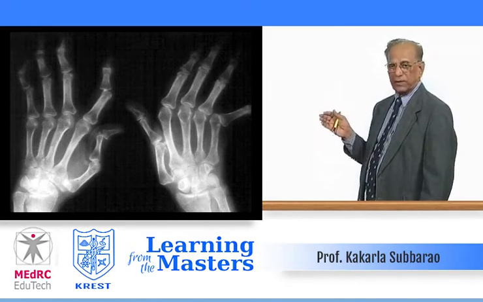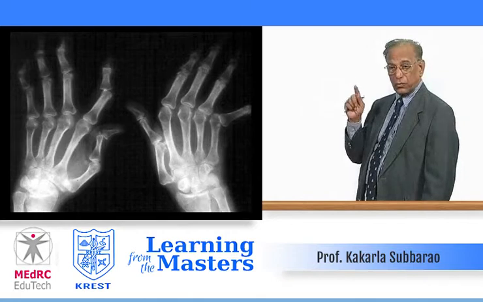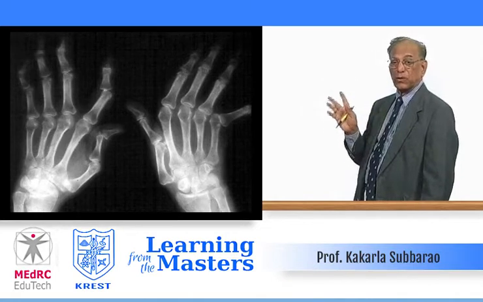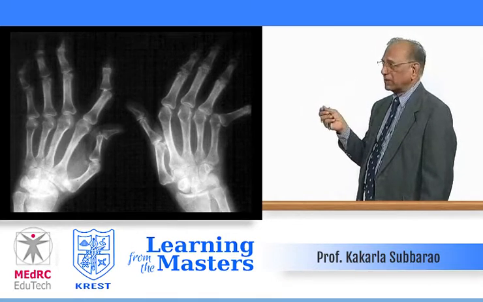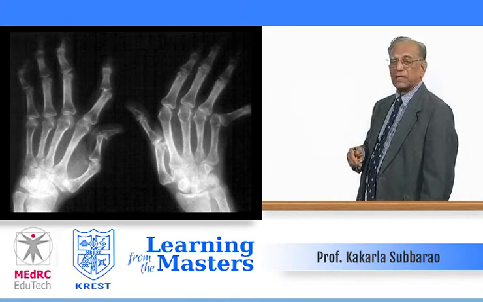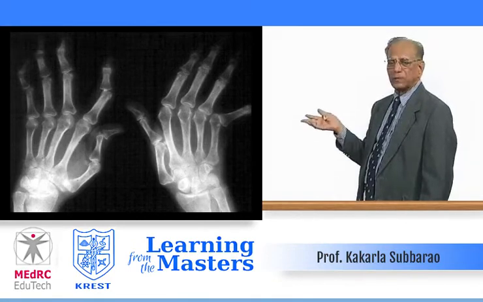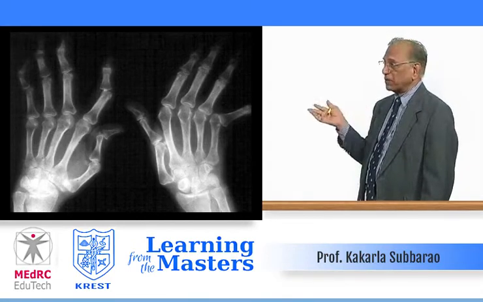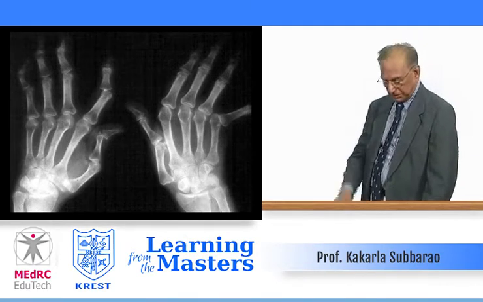Jaccoud's arthritis follows rheumatic fever, not rheumatoid, rheumatic fever followed by arthralgias and certain changes in the joints. They are non-descript. There are subluxations, there are no erosions, there are deformities.